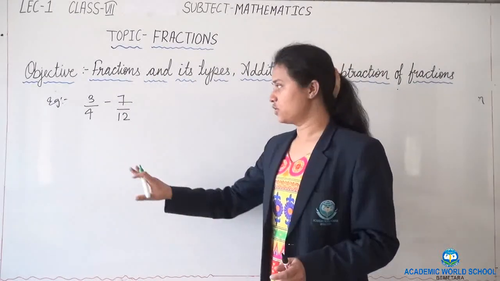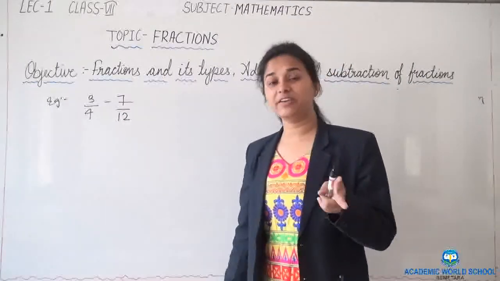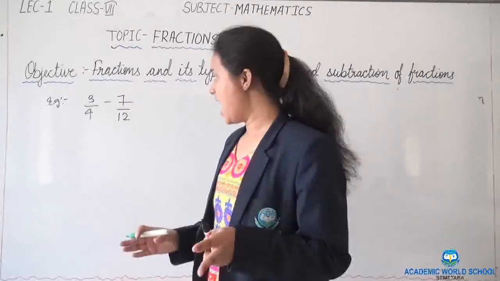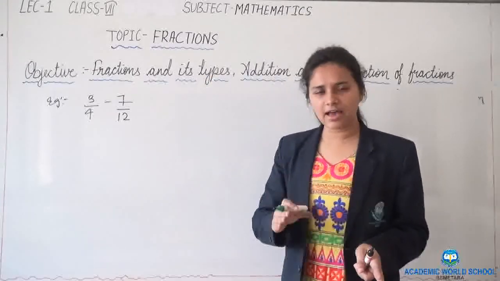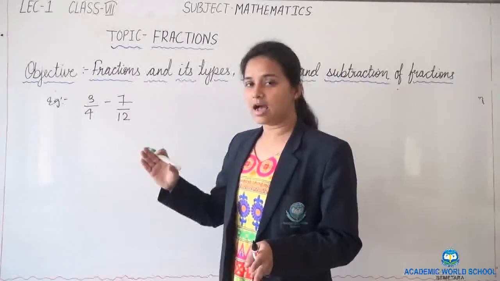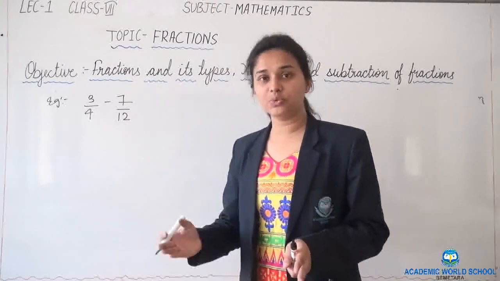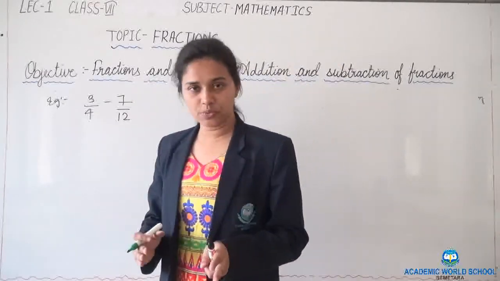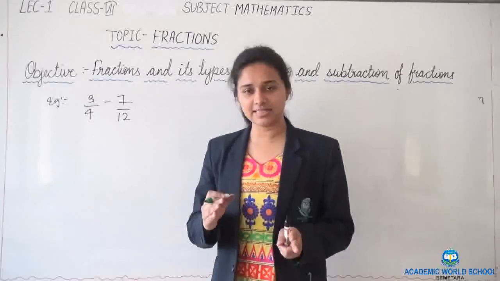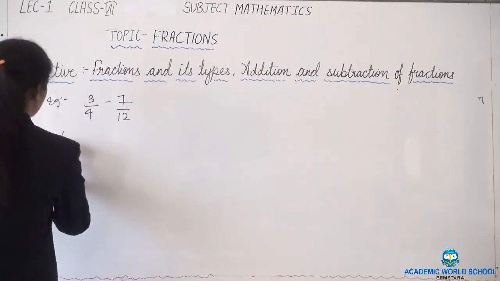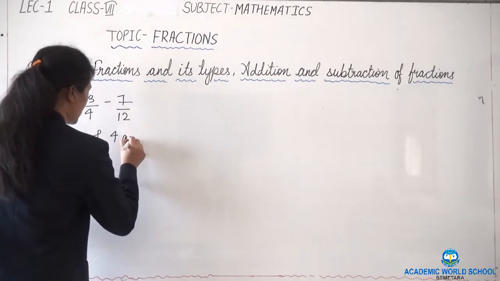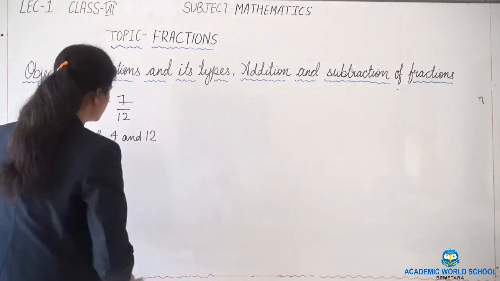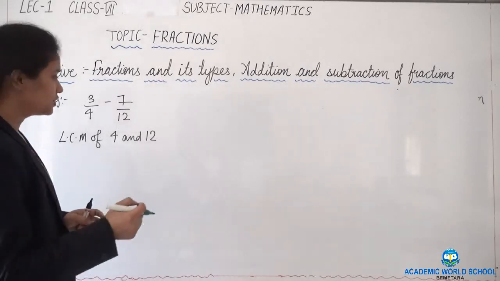Again we see that 4 and 12 are two different denominators and they are unlike fractions. So here we have to convert the unlike fractions into like fractions. How to do it? By finding the LCM. So we will find the LCM of 4 and 12.